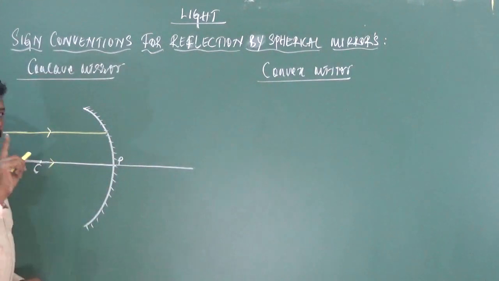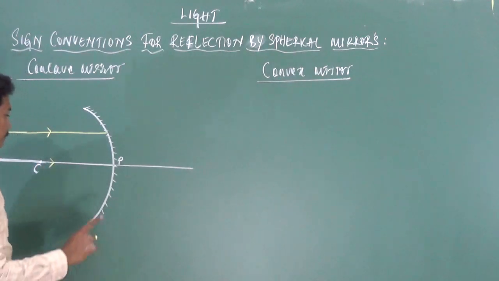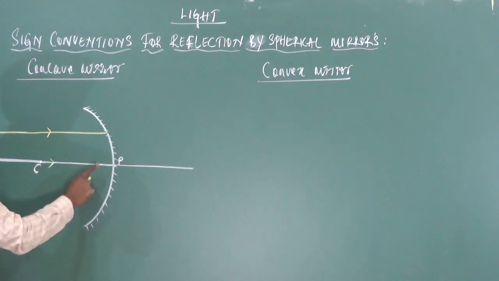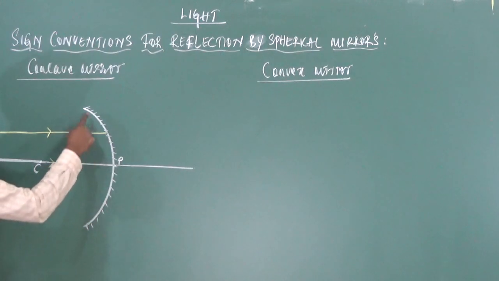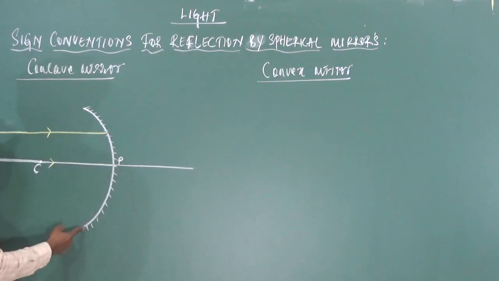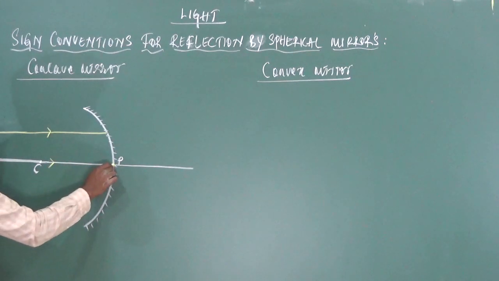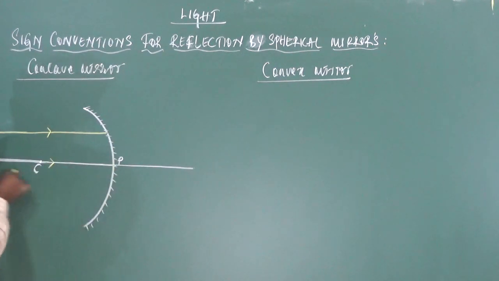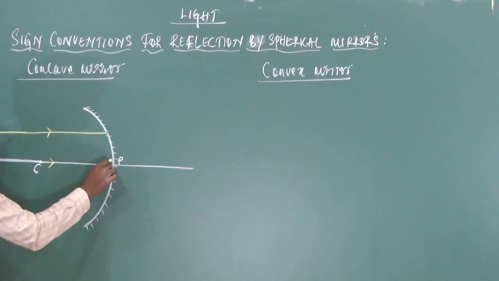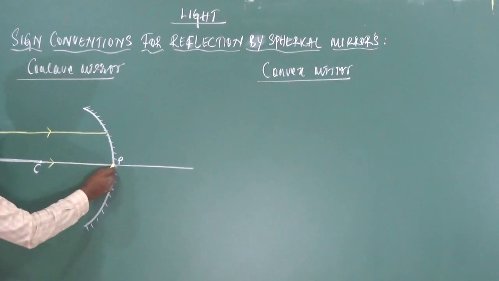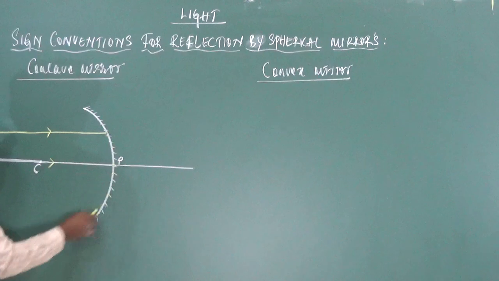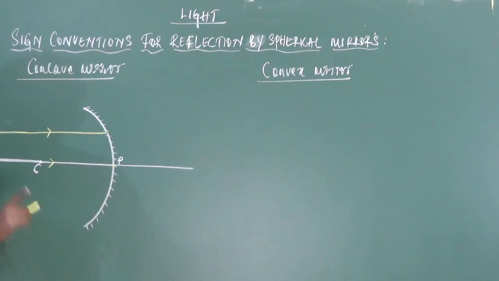Keep the rule here, I am telling you now. Any distance of the object from the mirror is measured from the pole of the mirror, not from here, not from here, not from here. The object distance, that is the distance of the object from the mirror, is always measured from the pole of the mirror.